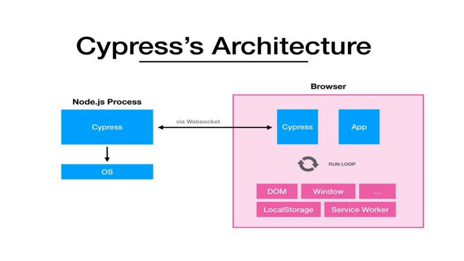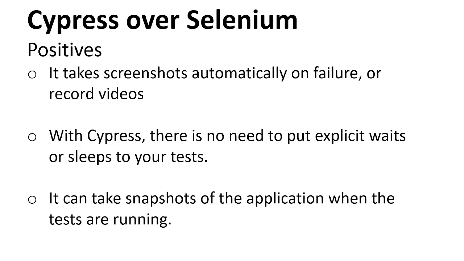No doubt. Okay. See here, if you compare Cypress over Selenium, what are the positives we are getting? Basically, it takes screenshots automatically on failure. Suppose you are running any Cypress script and you get stuck or get any kind of error, it gives you a screenshot of that error and also a video for it.